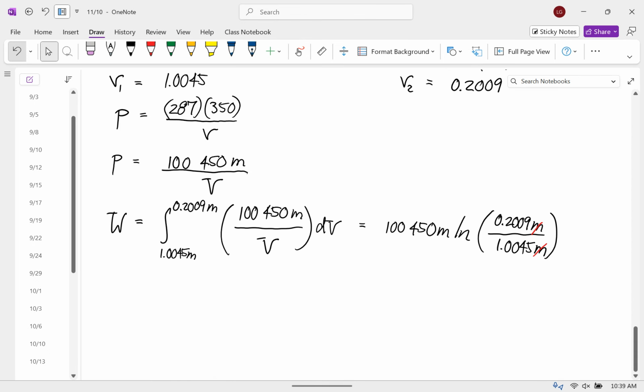And so can you plug that in for me? The natural log is negative 1.609.